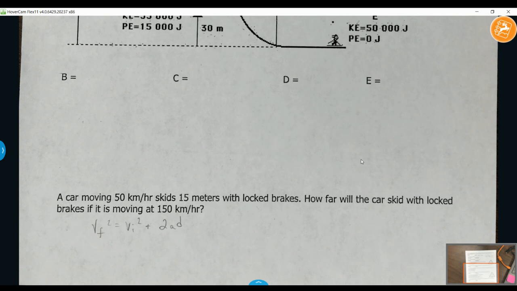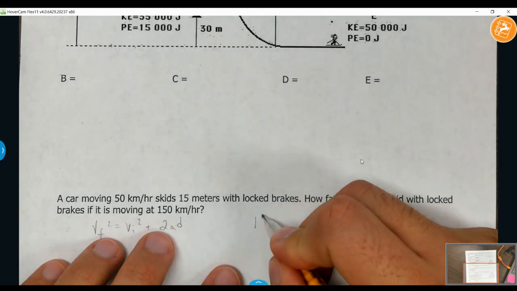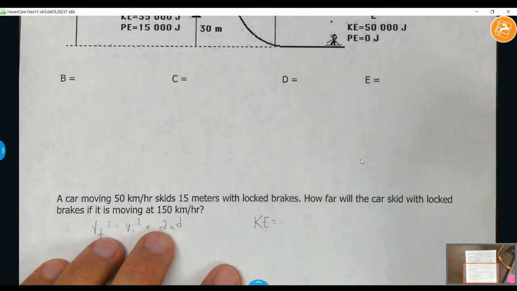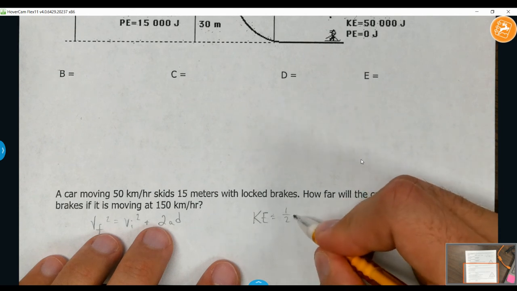the car speed. All right, so the work done by the brakes changes the car's kinetic energy from its initial value to 0. This work is equal to the force of friction causing the skid marks multiplied by the length of the skid marks, since work is equal to force times distance. So when the car speed is increased from 50 kilometers an hour to 150 kilometers an hour, it's proportional.